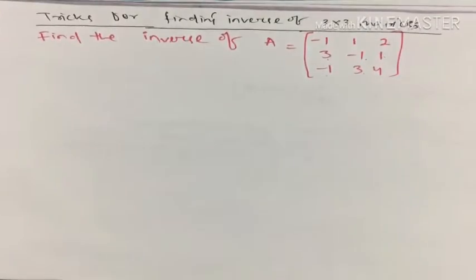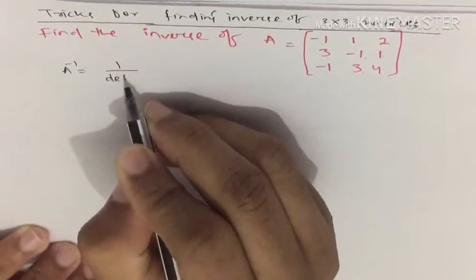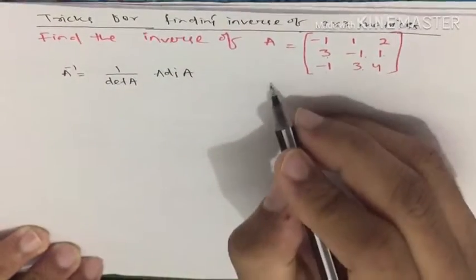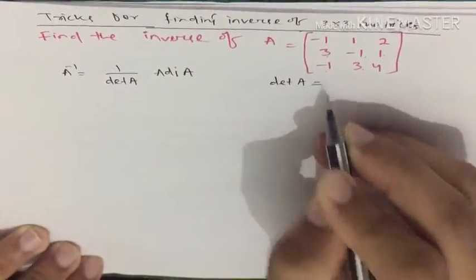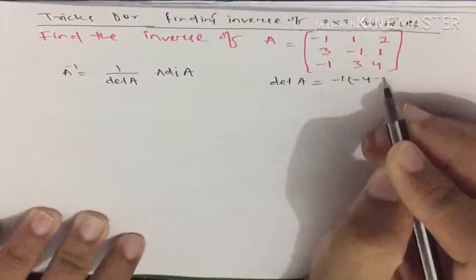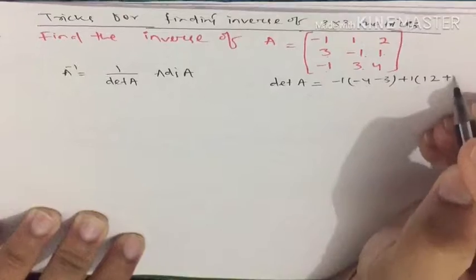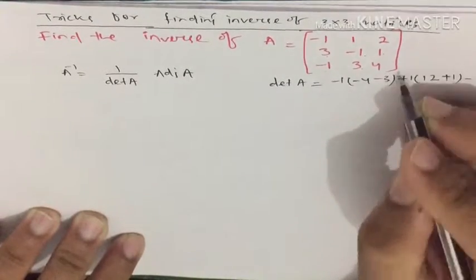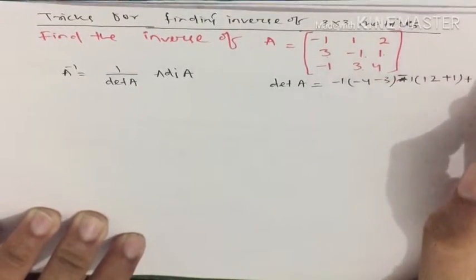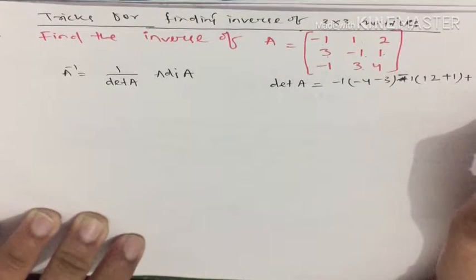So simply, as you know, A inverse equals 1 by determinant of A into adjoint of A. So first step, just calculate the determinant first. So determinant of A is nothing but minus 1 into minus 4 minus 3, plus 1 into 12 plus 1, and finally plus 2 into 9 minus 1.